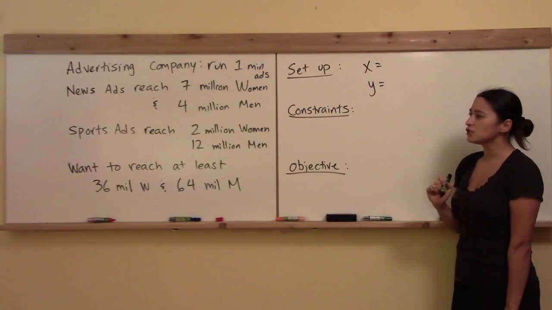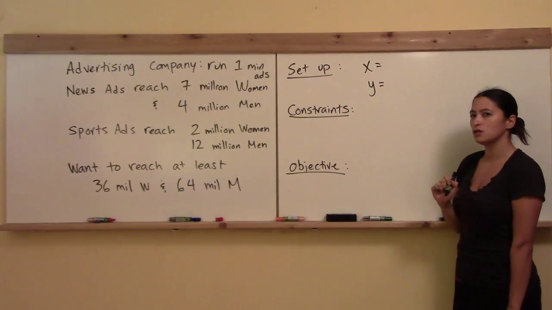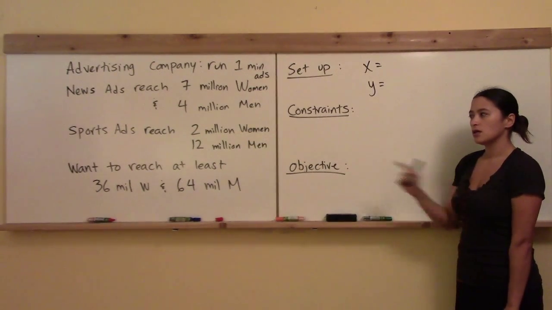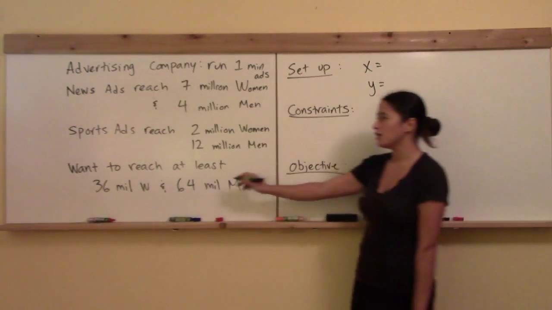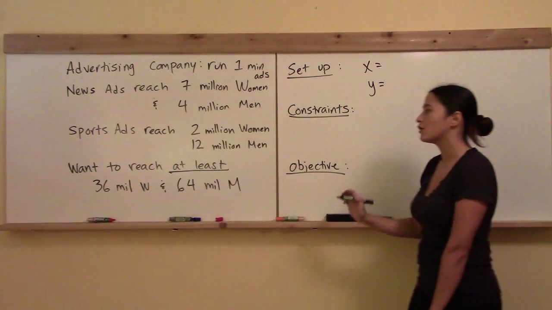Okay, can you see the constraints on there? Remember that the constraints will be expressed as inequalities, and the key words are either at least or at most. Okay, so you see it right there, right? You want to reach at least 36 million women and 64 million men.